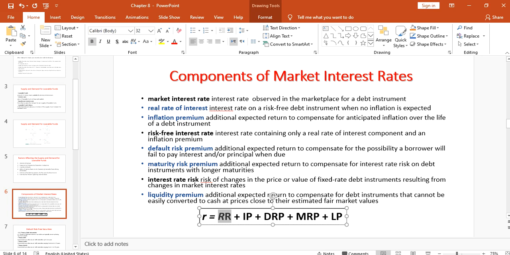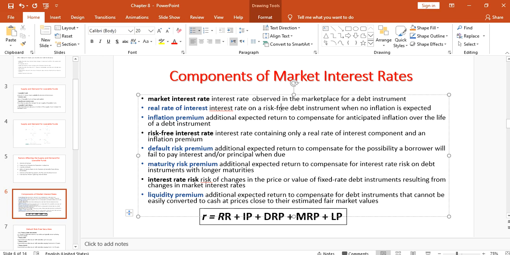In the United States it is called risk-free, RF. Why? Because it's free of the risk of default. No matter what, the American government will pay you back your money. It's zero-risk debt.